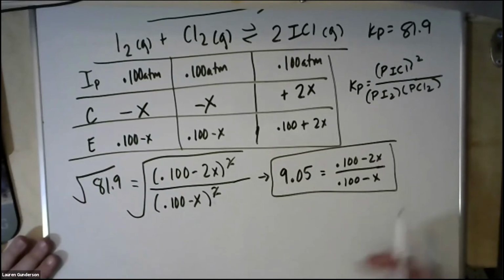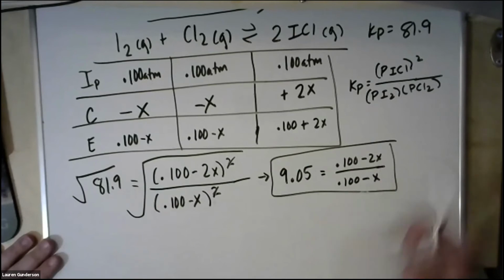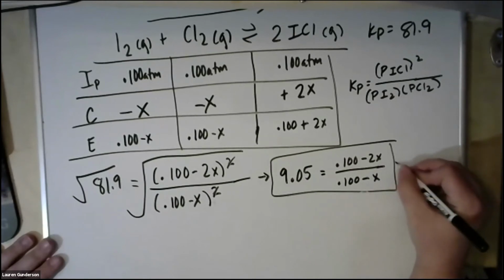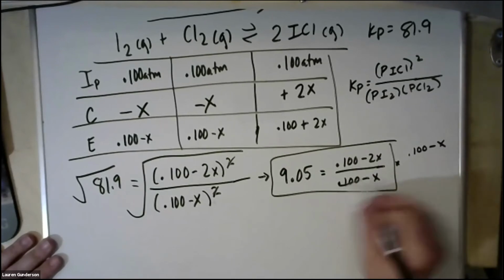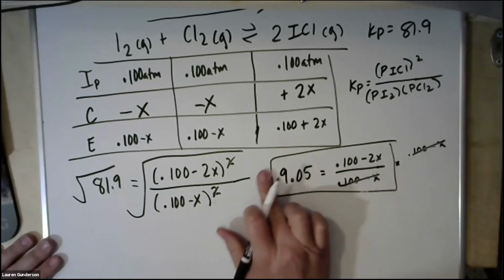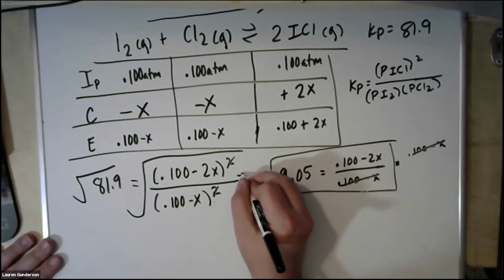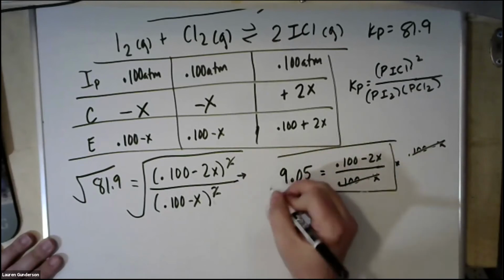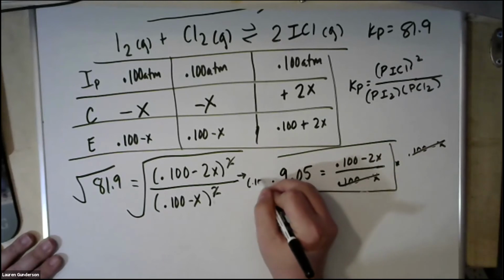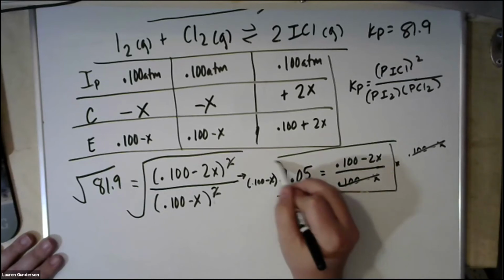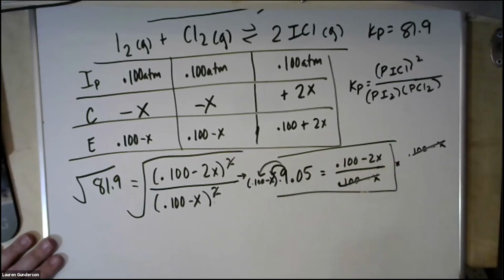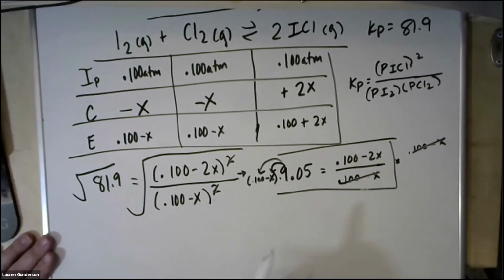I am going to multiply both sides by my denominator so I can get rid of that denominator. Okay, so I'm going to multiply this side by 0.100 minus x. I'm also going to multiply this side by 0.100 minus x. Okay, so I'm just going to distribute that in there. Now I'm going to rewrite that so it looks like something I can actually work with mathematically.